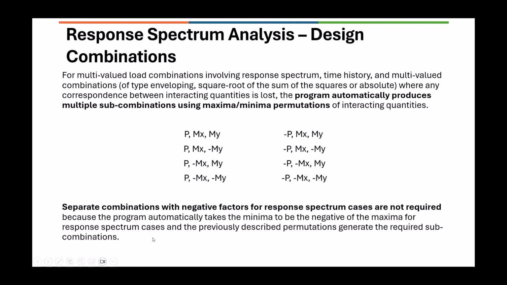So separate combinations with the negative factors for response spectrum cases are not required. So we see people defining one more spectrum case with negative, which is unnecessary. That's the point I'm trying to make here.